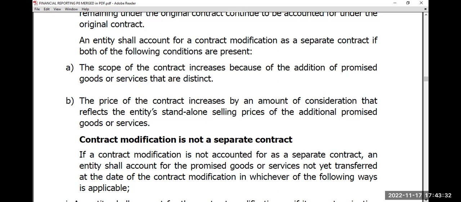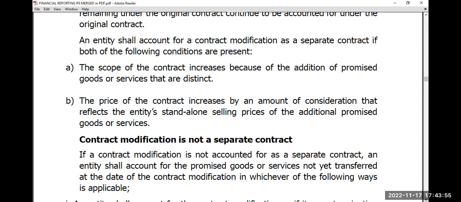We are adding another item. The other one is that the price of the contract increases by an amount of consideration that reflects the entity's standalone selling price of the additional promised goods and services. And remember, those additional items come in with their different prices.